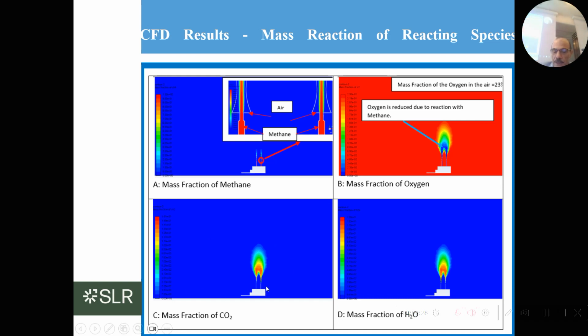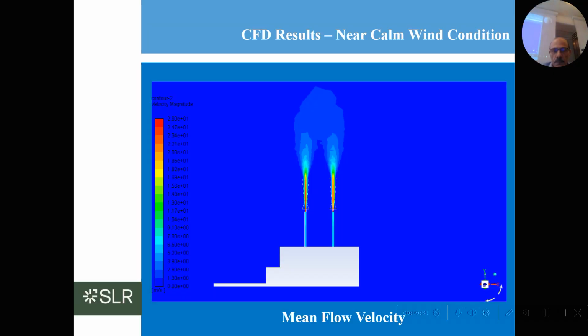Figure C showing the mass fraction of CO2, it continues to rise, in fact, due to the increase in the methane consumption. And figure D showing the mass fraction of H2O, and I have predicted almost 13% of water due to the chemical reaction. And this is in very good agreement with the data in the open literature.